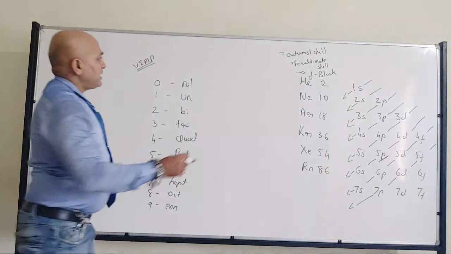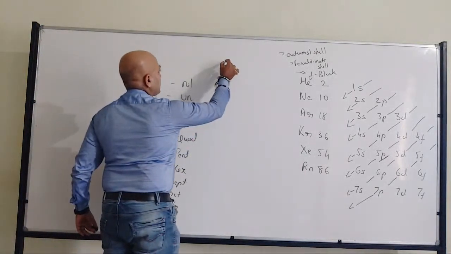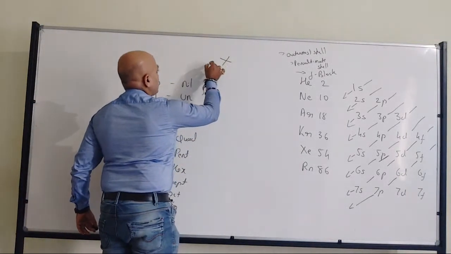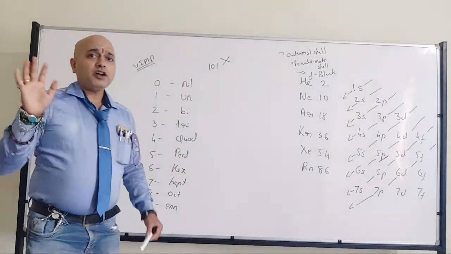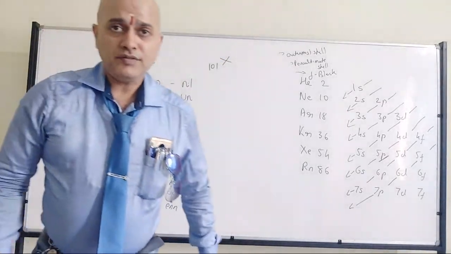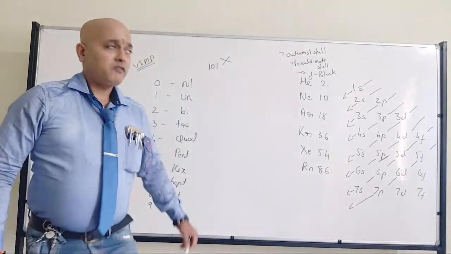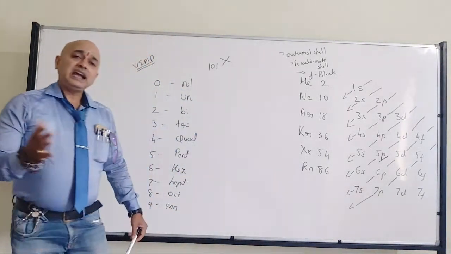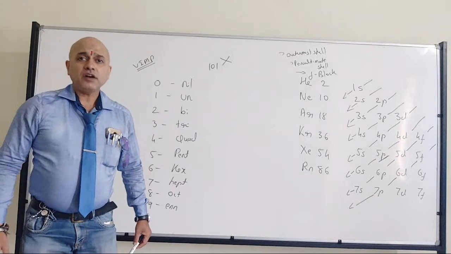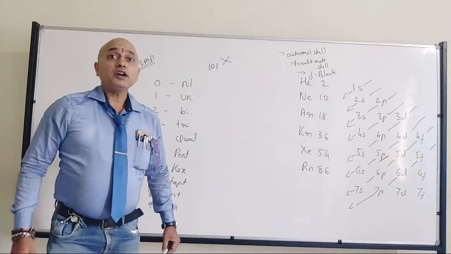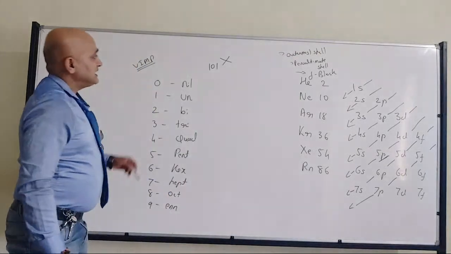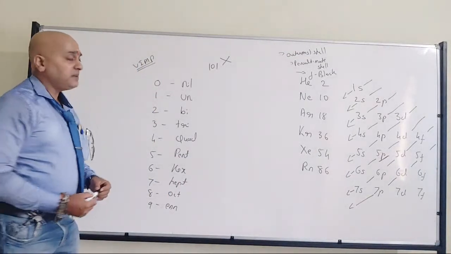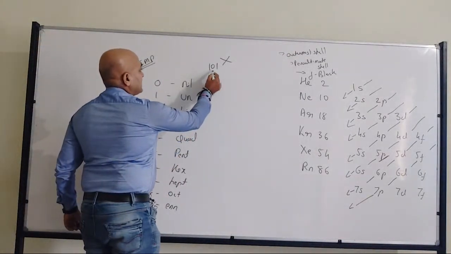Okay. See, for example, I have the element with atomic number 101. I am not talking about writing the electronic configuration. That one we know. We will take the help of radon and we will write the electronic configuration. I am talking about IUPAC nomenclature, naming of these elements. Fine. See, what is there in 101?